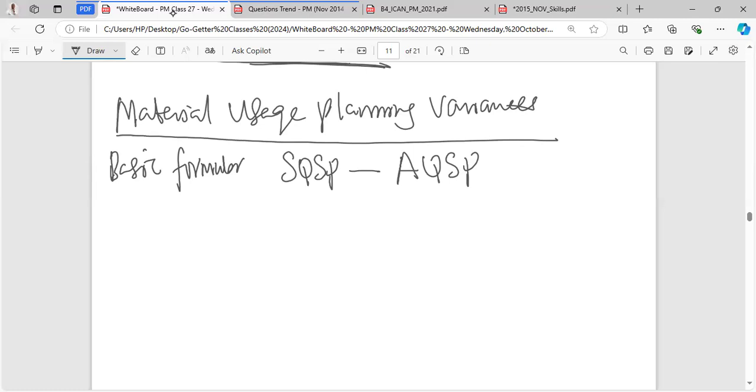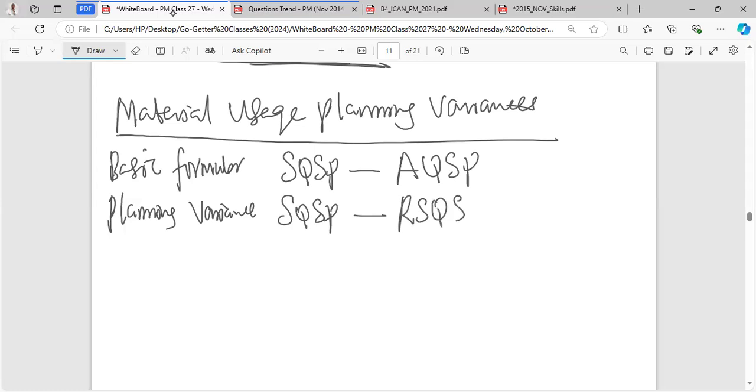Now, when we go to planning variance, planning variance is between standards and revised standards. Nothing of actual should be there. So it's between standards. Our standards is retained. Where we see actuals, we'll change it to revised standard. So this is your planning variance.